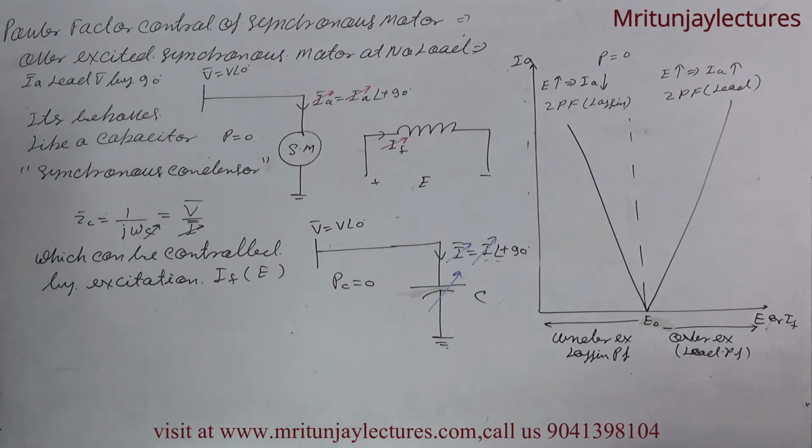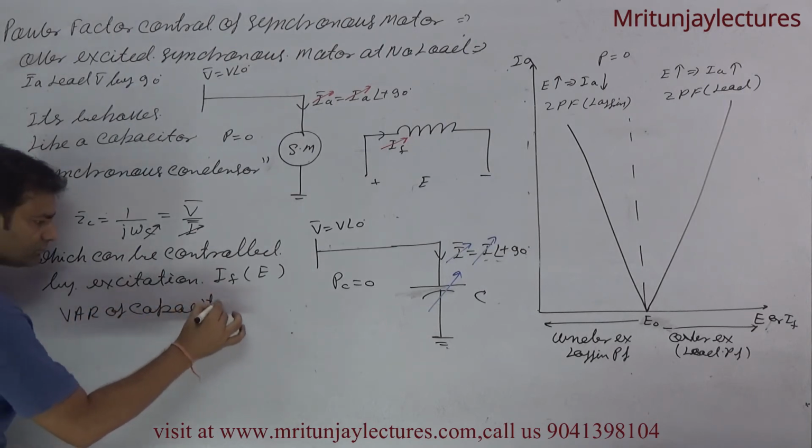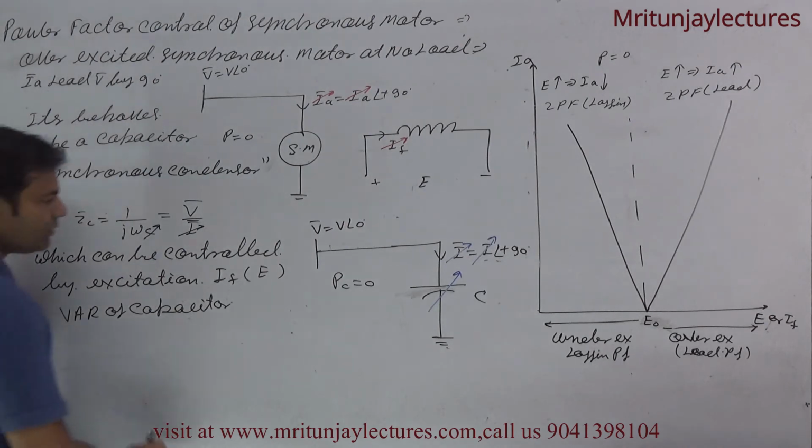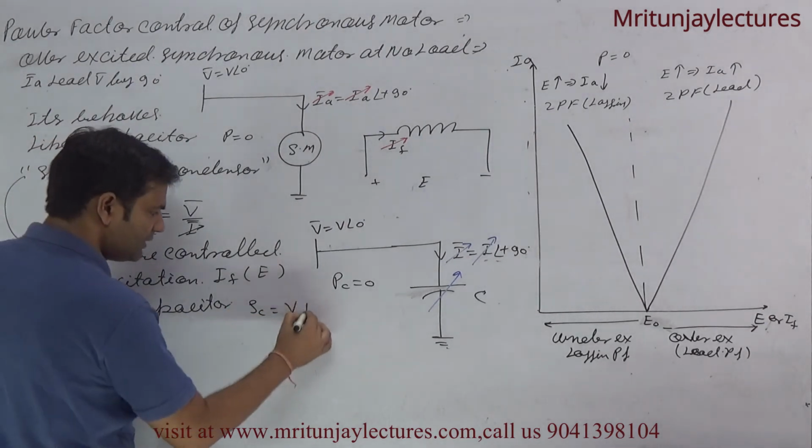Now regarding power, the VAR of a capacitor, QC, is written as V into IA conjugate.